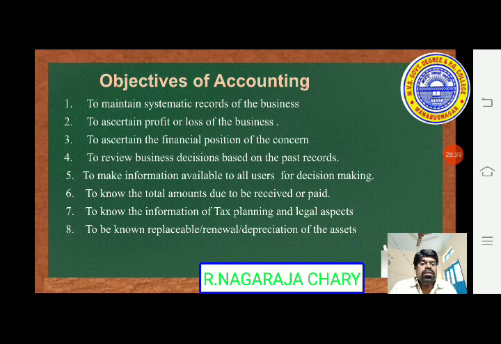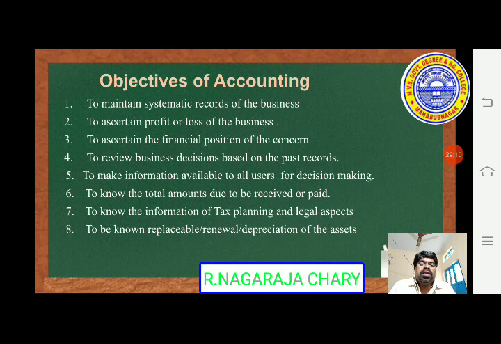That is also an objective: to make information available to all the users for decision making. The people who are involved in decision making will take decisions based on this information, so whatever information is available from accounting, they may use for decision making.